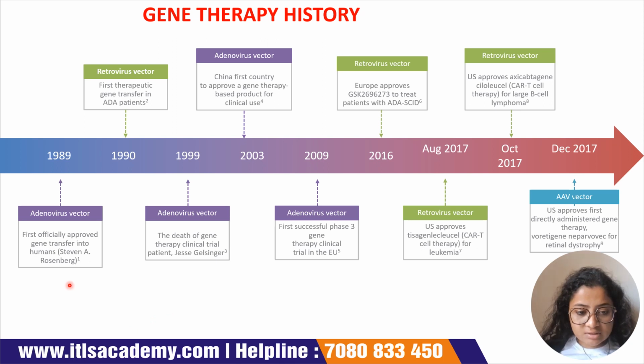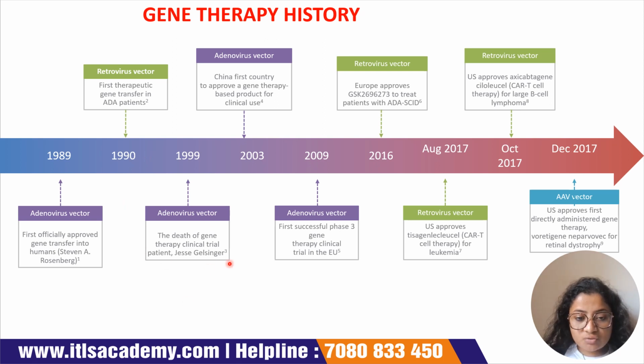It was the first officially approved gene transfer into humans, which was done by Stephen A. Rosenberg. Then in 1990, the next milestone comes, where again we came out with a retroviral vector, which was the first therapeutic gene transfer in ADA patients, means in adenosine deaminase deficiency patients.